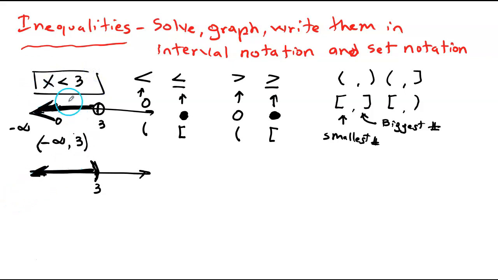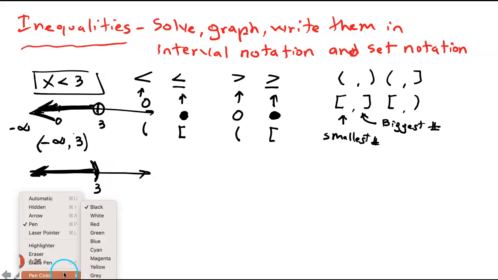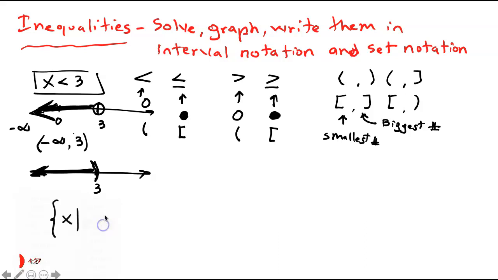So now I have my graph, my interval notation, my graph in two different possible ways, but I also say set notation. Set notation is nothing else than I start with a brace, x such that, and then here comes my inequality. Whatever I have on my inequality comes next on my set notation.